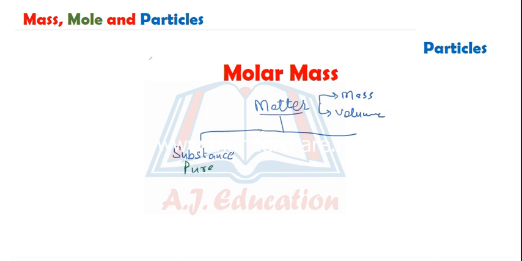The matter could also be a mixture if it is impure. So the impure matter is termed as mixture and the pure matter is termed as substance.